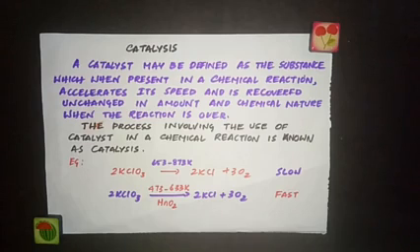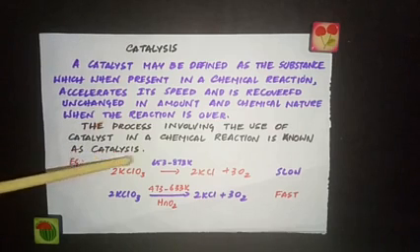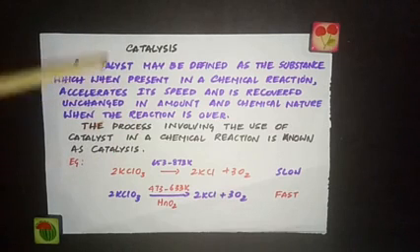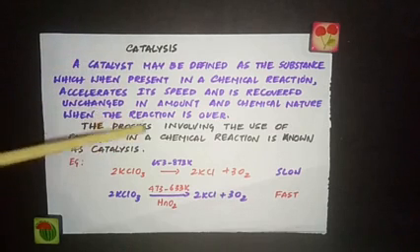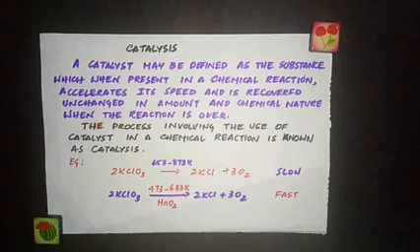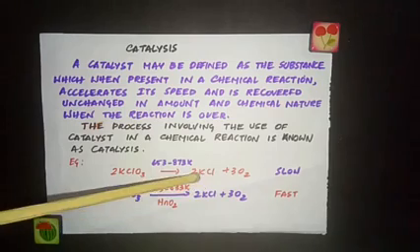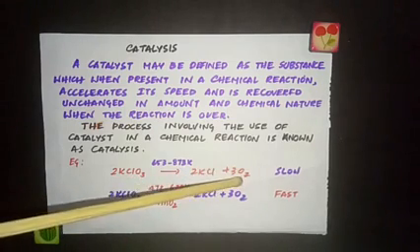So the chemical reaction in which the catalyst is used is called catalysis. The process of involving the use of catalyst in a chemical reaction is known as catalysis. So catalyst is a substance that you're adding to speed up the chemical reaction, and the catalysis is the process in which the catalyst is used. And look at this example. Potassium chlorate, 2KClO3 decomposes to give potassium chloride and oxygen.